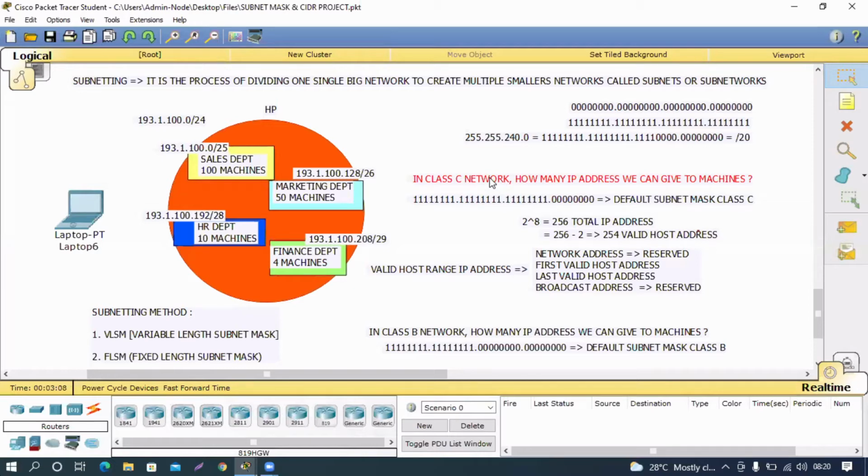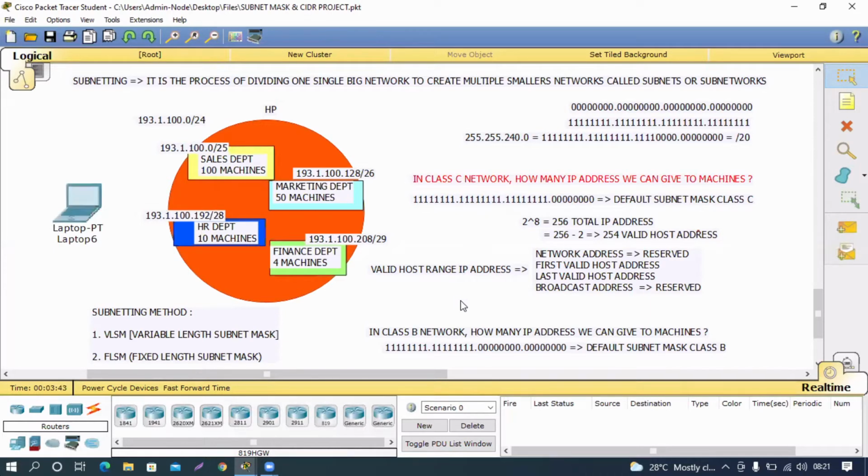These questions are asked in interviews: in a particular class network, whether it's class A, class B or class C, how many IP addresses can we give to our host machines? A network is always made up of hosts. A network is always made up of machines, and these machines are called hosts. How many machines exactly can we give an IP address in a certain class network?